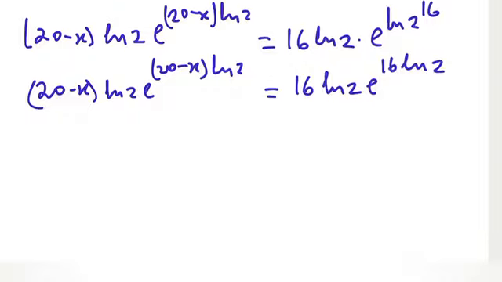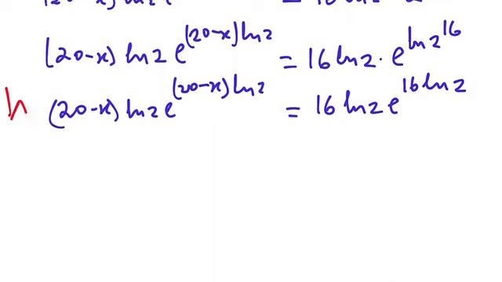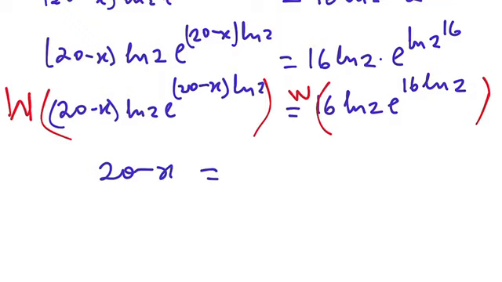So from there, when you apply the Lambert function, we're going to have this to be 20 minus x ln of 2, which is going to give us 16 ln of 2. So we see that ln of 2 is common to both sides.